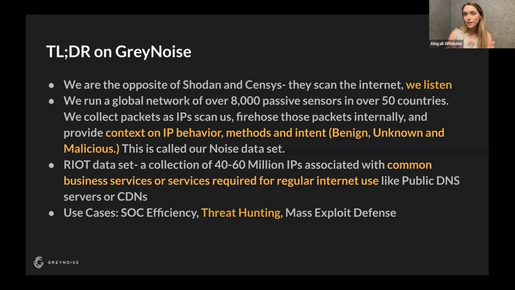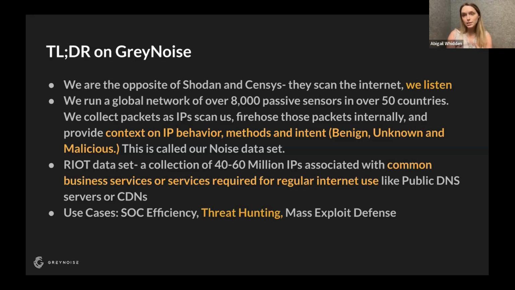We don't know the intent of this scanning behavior. And then we have malicious. The moment that we see an IP do any type of behavior that we would deem malicious, like any type of exploitative behavior, that's going to get them slapped with that malicious intent classification.